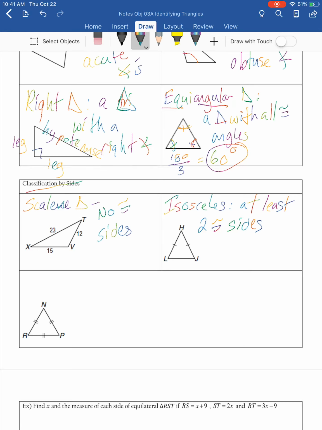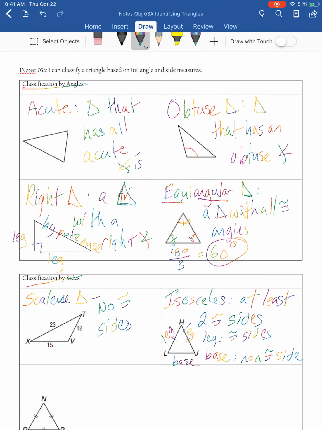An isosceles triangle also has parts, each part has a name. The two congruent sides are called legs. Okay, so legs are going to be the congruent sides, and the base is normally the non-congruent side. Okay, so here is the base.